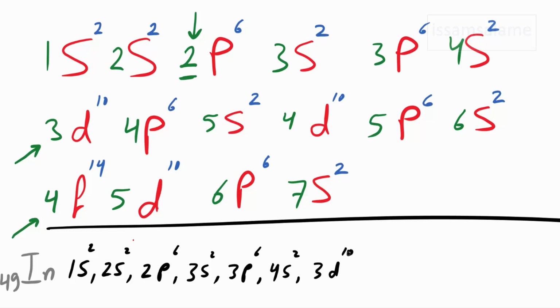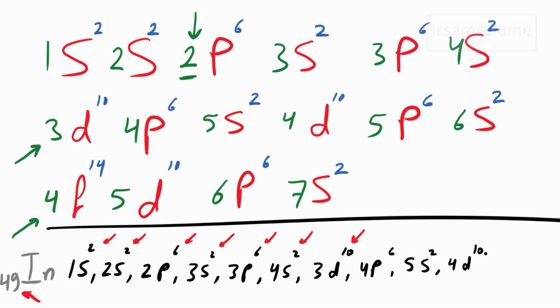As I told you, you can memorize it easily through the rhyme. Counting till now we get 30. We continue till 49. After 3d10, we have 4p6, then 5s2, then 4d10.